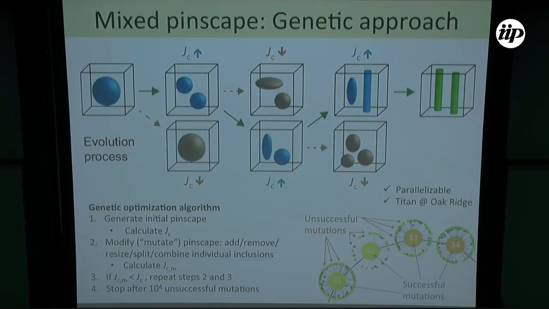So in practice, of course, we need to simultaneously run a lot of these runs, because it requires about 100,000 evaluations of JC. We do them in parallel, more or less. So this algorithm is easily parallelizable, and we run this on Titan at Oak Ridge in a parallel way as well.